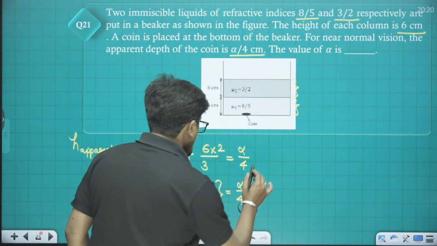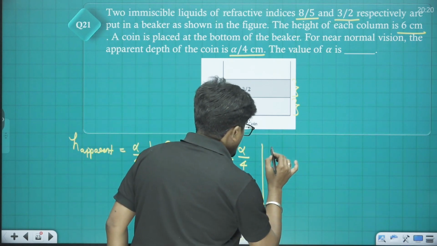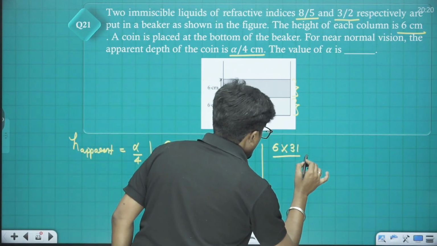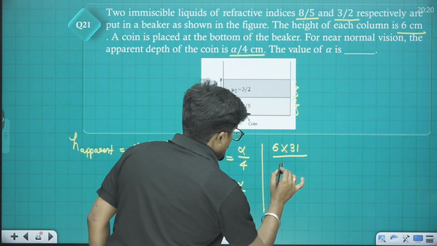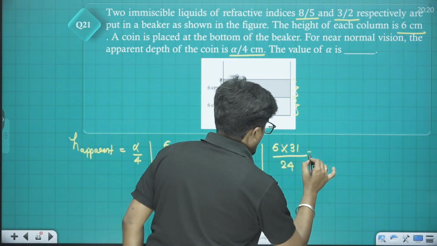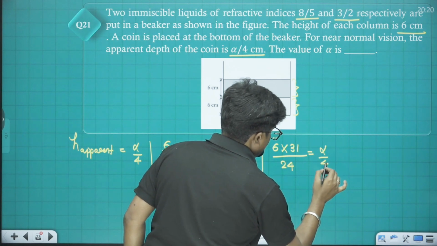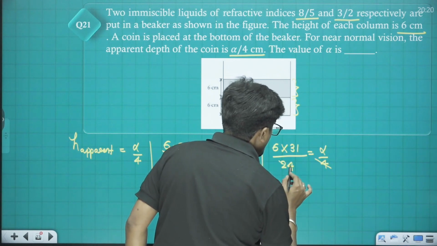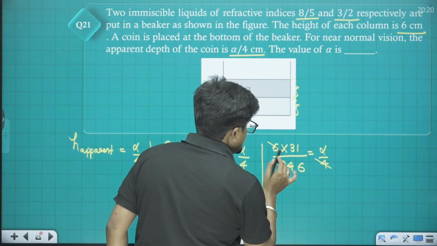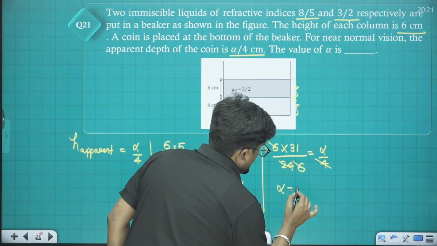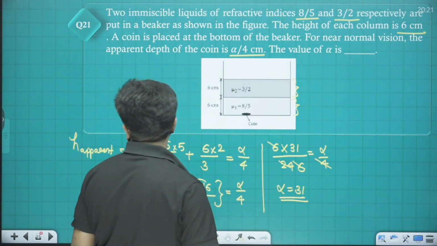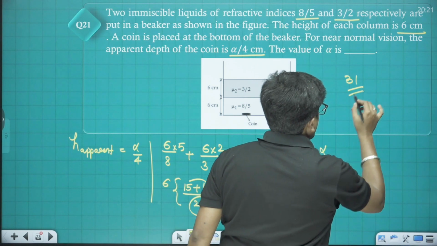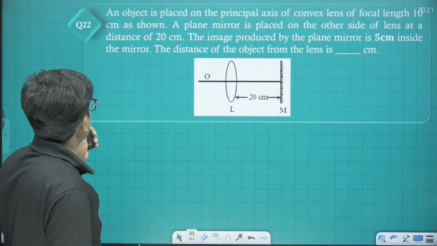So now this is 6 into 31, all divided by 24, equal to alpha by 4. Now if I cancel, 6 and 6 will cancel each other. So alpha is equal to 31. The value of alpha was the question, so alpha is equal to 31. All right, moving to the next, question number 22.